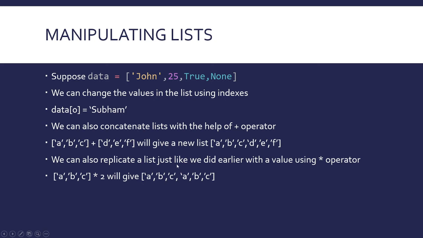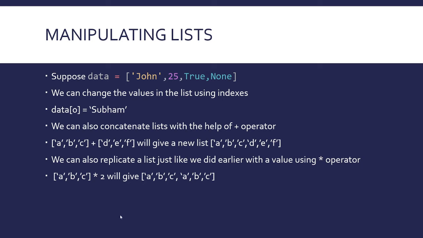And we can also replicate lists like we did for variables. In a print statement, if we print a variable, we can use the asterisk operator to replicate the strings n number of times. This is the same with lists.